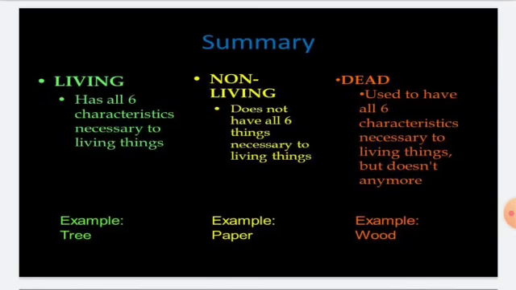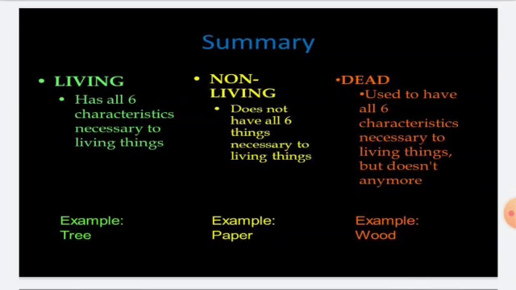So, we come to the end of the lesson where we have read so far that living things have a lot of characteristics like movement, reproduction, they feel, they need energy, they breathe, they grow, and many more. The non-living things are just the opposite of this.